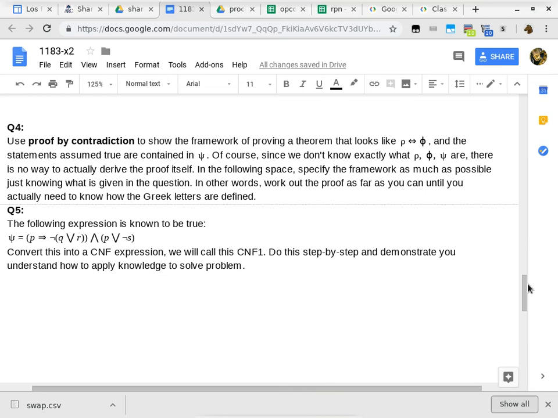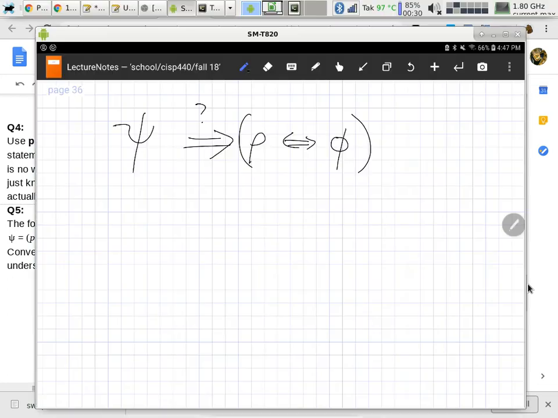So if I were to reformat the question, it is really asking this. I know you cannot see the tablet because I need to write this first. Rho if and only if phi. Okay. There we go. The question is asking this.